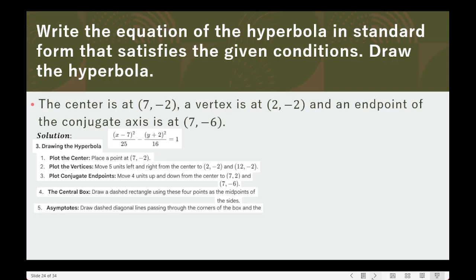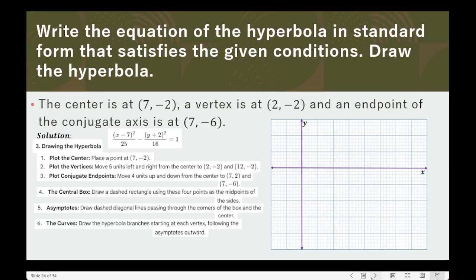Then draw dashed diagonal lines passing through the corners of the box or the auxiliary rectangle. Now for the curve, you draw the hyperbola branches starting at each vertex following the asymptotes outward.